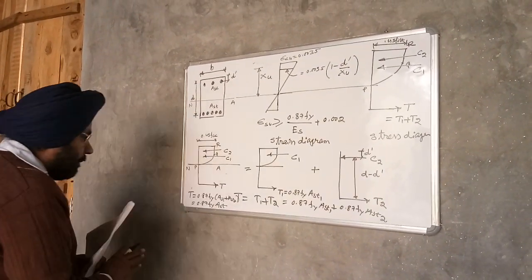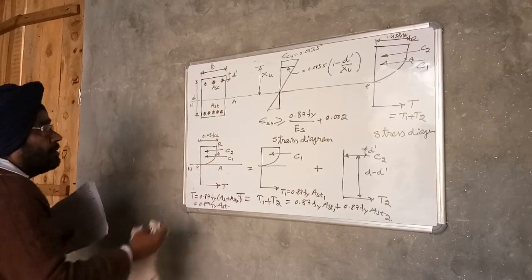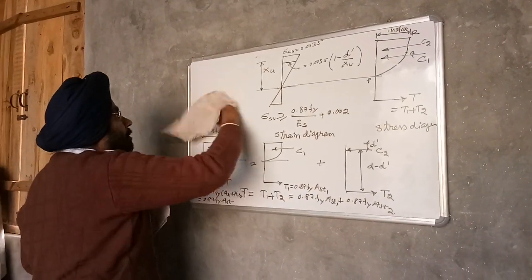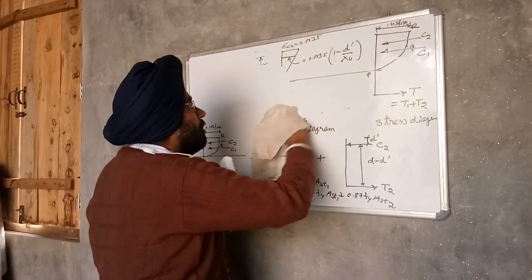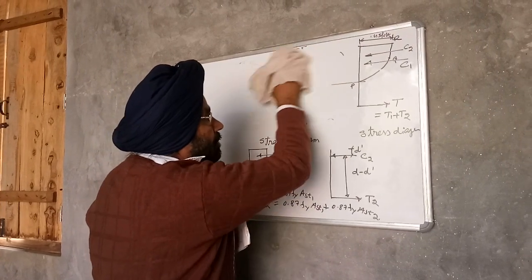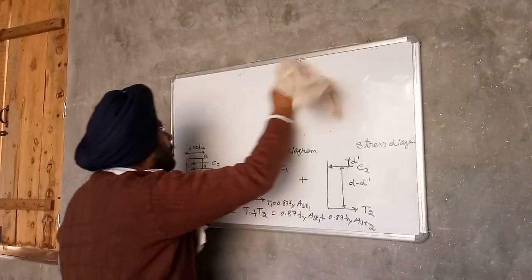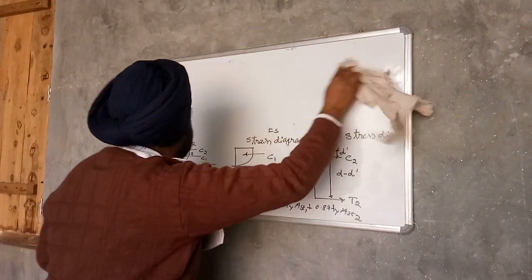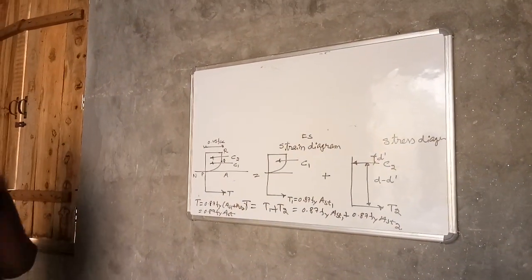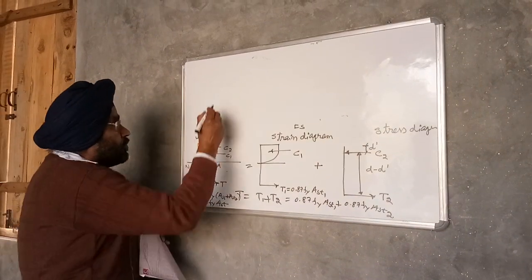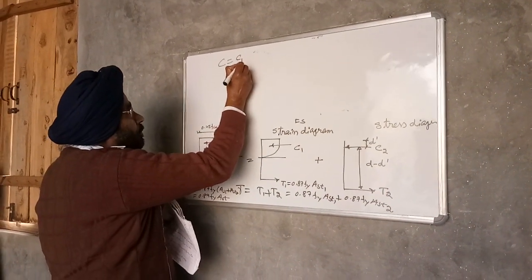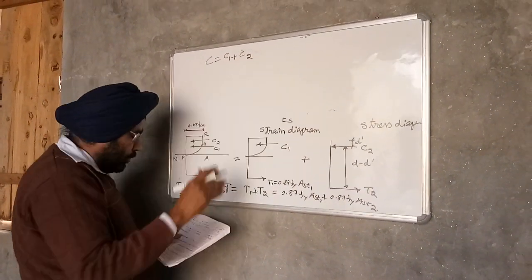Then the total compressive force. The total compressive force C is equal to C1 plus C2.